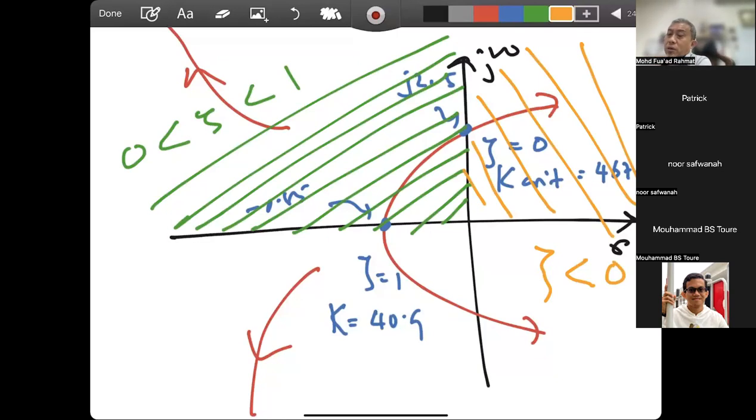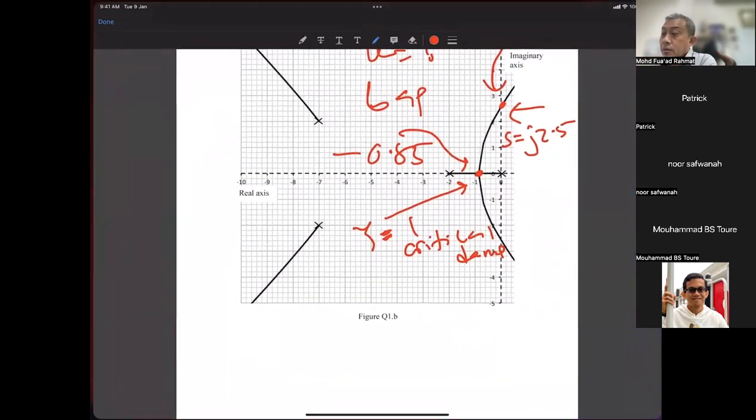Zeta between 0 and 1 is underdamped. Zeta equal to 0 is undamped. Zeta equal to 1 is critically damped.